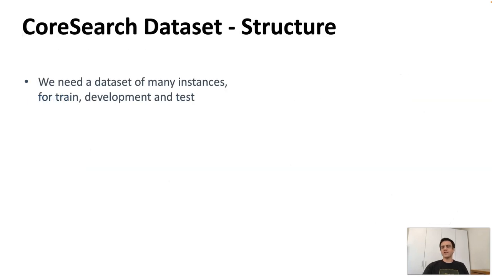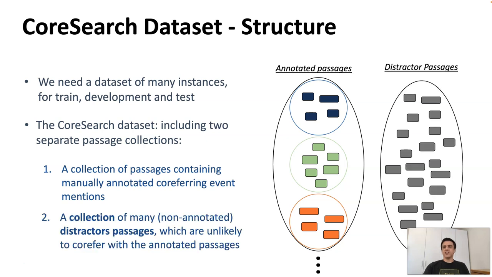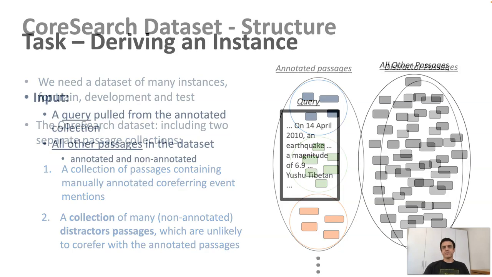To form a dataset for our coreference search task, we would like to have many instances for train, development and test sets. Therefore, we created the CoreSearch dataset, including two separate passage collections: a collection of passages containing manually annotated coreferring event mentions, and a second collection of many non-annotated passages which are unlikely to corefer with any of the annotated passages.